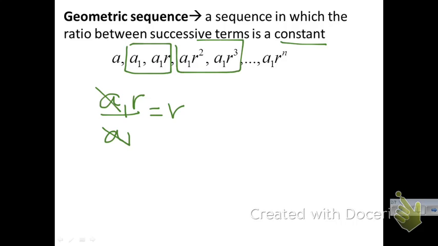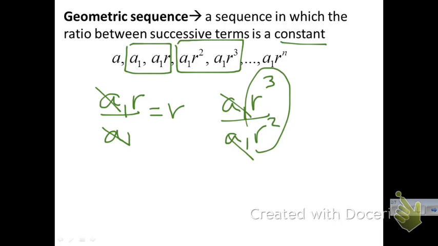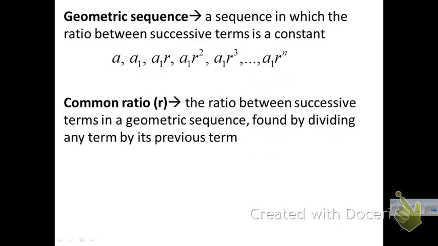Now I'm going to take the next two terms and write the ratio: a sub 1 r cubed over a sub 1 r squared. The a sub 1's divide out, and then you have r cubed divided by r squared, which is just r. So we can see that that ratio is constant. If it is not, then it will not be a geometric sequence.